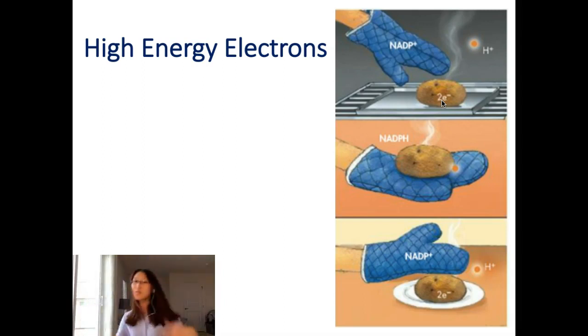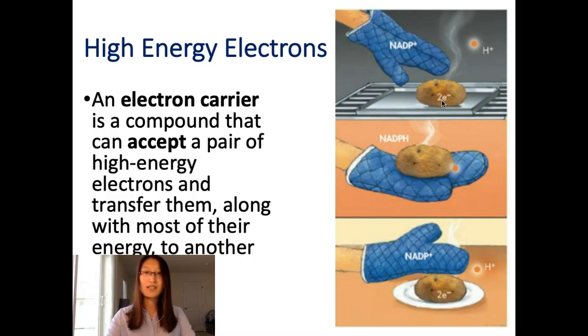Okay, so this process, carrying the electrons to somewhere else so that the energy inside the electrons can be used somewhere else, is done by NADP+. But when the electrons are inside the NADP+, we have NADPH. So the oven mitt and the potato together, that's NADPH. Oven mitt itself, that's NADP+. Two electrons with energy, just a hot potato. So right here, you can fill in your notes.